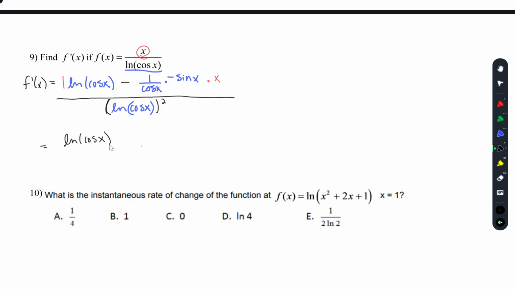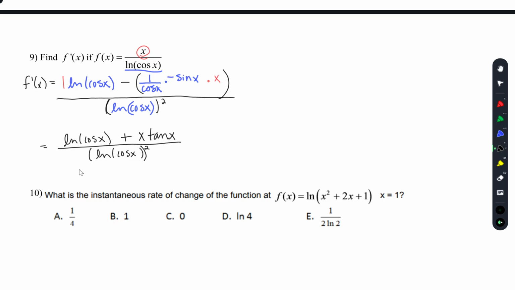That's all multiplying stuff, and then we have the negative in there, so I'm going to change this to plus. I don't like the x at the end, it makes me nervous, so I'm going to put the x first, and then sine over cosine is tangent. And then we can be done. There we go.